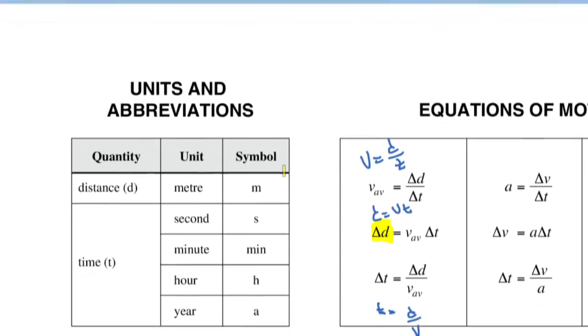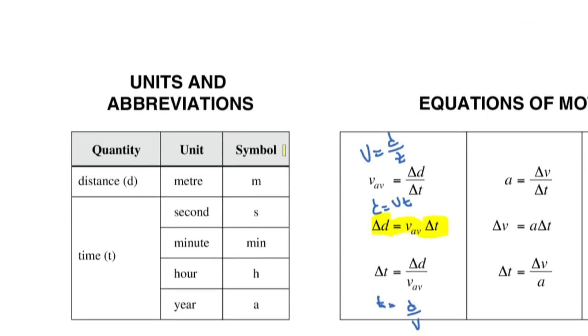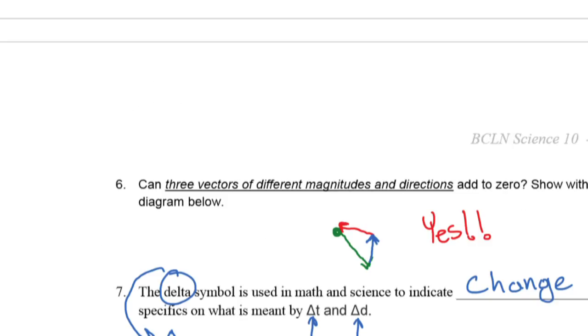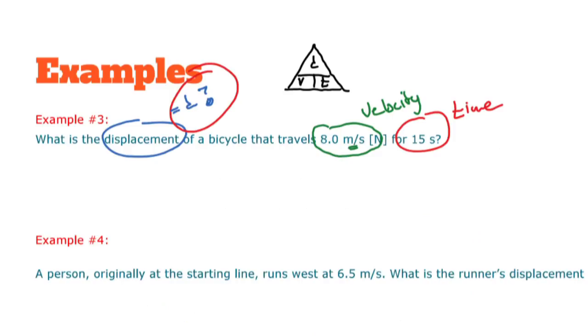So I could write down delta D is V average times delta T, or I could just leave it as D is VT. Distance is velocity times time. That's out of the data book. If I wanted to do it out of this triangle, I would do the same thing. I would cover up the distance, and I'm left with velocity times time.